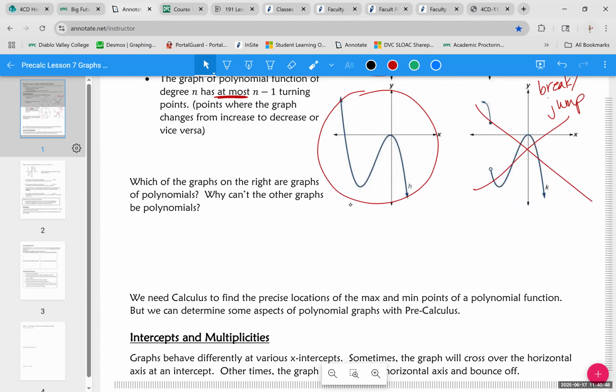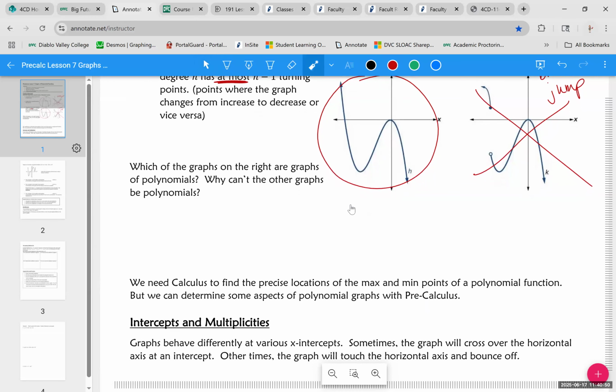Okay, so I did mention that you're going to need calculus in order to find the exact graph of a polynomial. The reason is that the precise locations of the maxes and mins, so this and this, you actually need calculus to figure out exactly where those are.